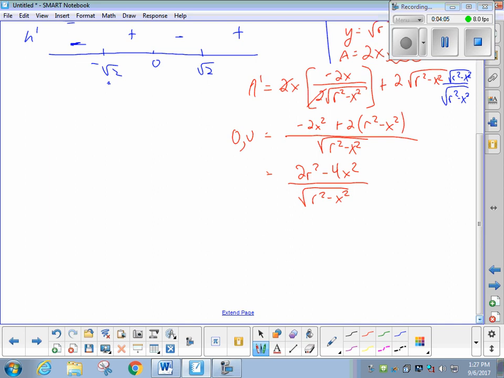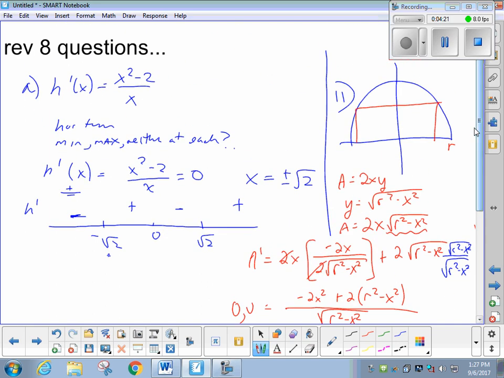Okay. 0 or undefined. I think this is undefined if x equals r. That makes sense, right? But in terms of the picture, if x equals r, then what kind of rectangle do I have?